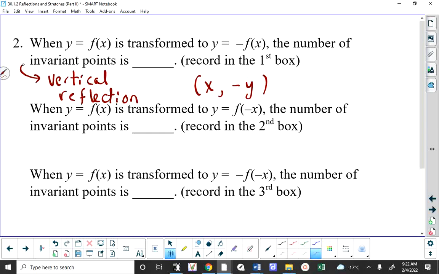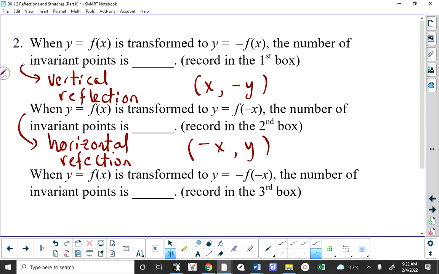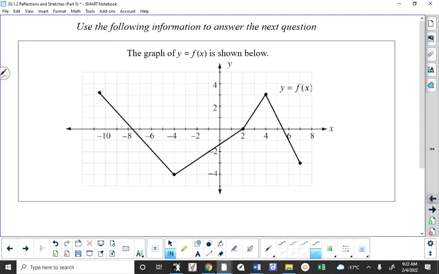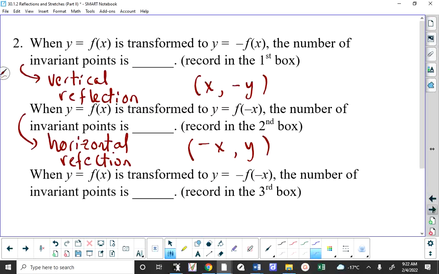When you look at the second one, since we're going from f of x to f of negative x, this of course is a horizontal reflection. And we know that the mapping is x comma y turns into negative x comma y, right? And I don't know exactly what we are after here.